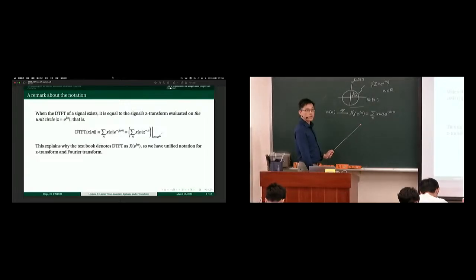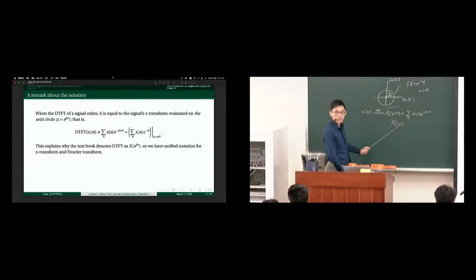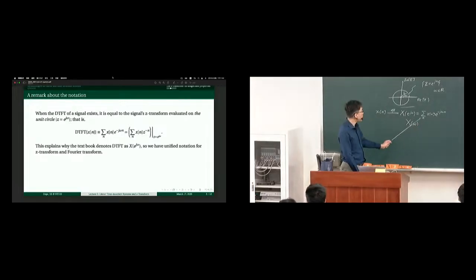But then that raised the question, why this notation? Just going from time domain to frequency domain, why don't we denote the result simply as a function of omega, which is true? This is certainly a function of the frequency, right? But why didn't we denote it as simply big X of omega? In some other textbooks, sure, this is a valid notation.